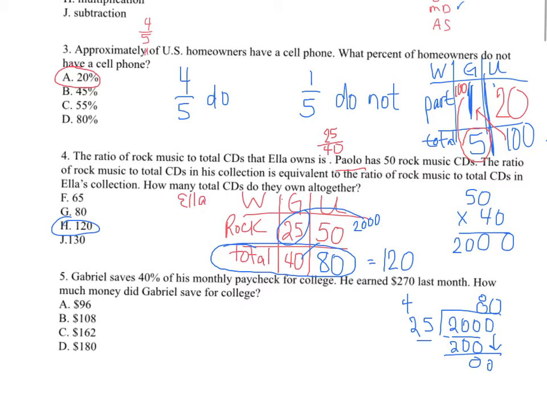Gabriel saves 40% of his monthly paycheck for college. He earned $270 last month. How much money did Gabriel save for college? Oh, you know what? I wanted to go back and talk about number 4.